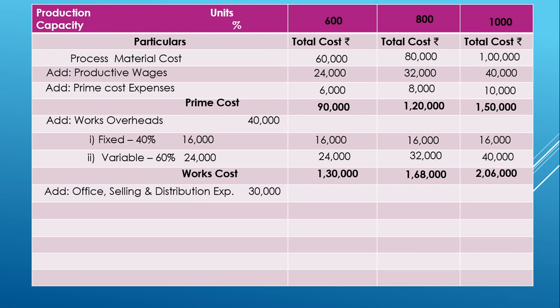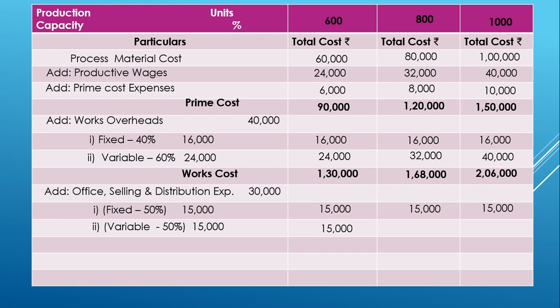Then there are some office and selling and distribution expenses. These are 30,000. Therein also 50% is fixed and 50% is variable. So the fixed portion will remain fixed irrespective of the production level. Hence it will be 15,000 for all the levels. And in case of variable, the remaining 15,000, it will vary according to the production levels.